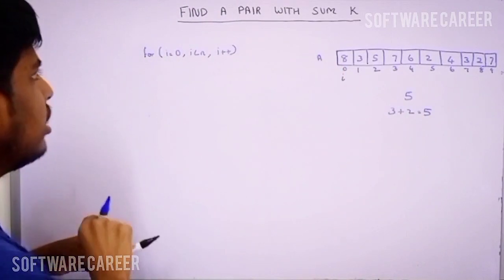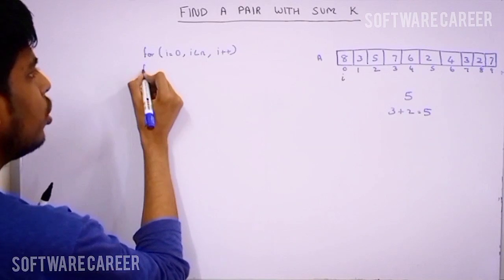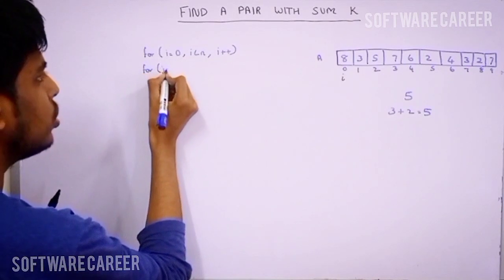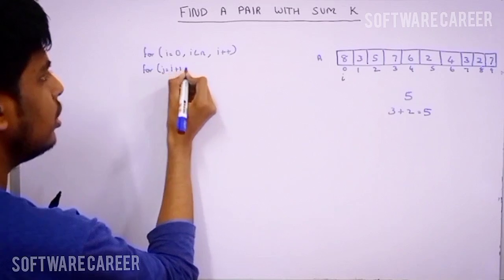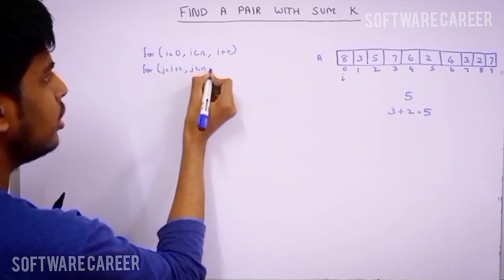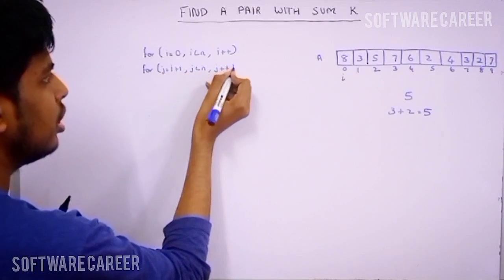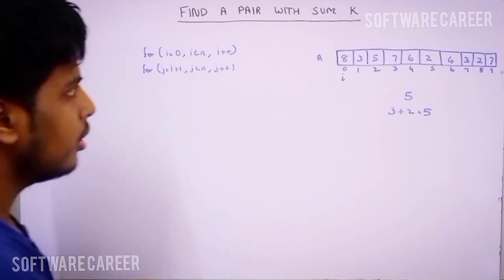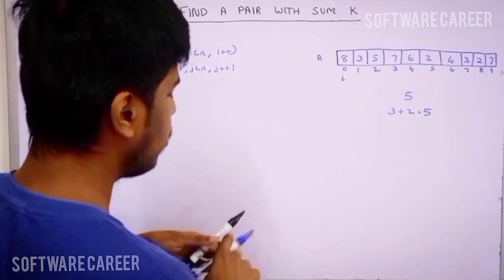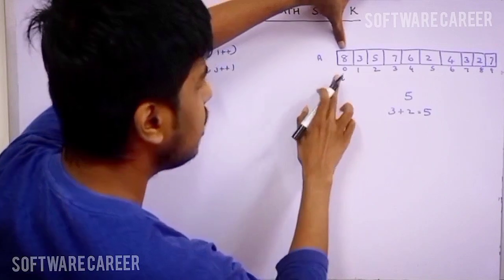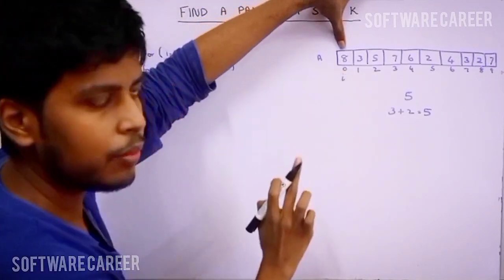Now I'll write another loop: for j equals i plus 1, j less than n, j plus plus. What is this j? Suppose I am fixing 8 as i, that is index 0.